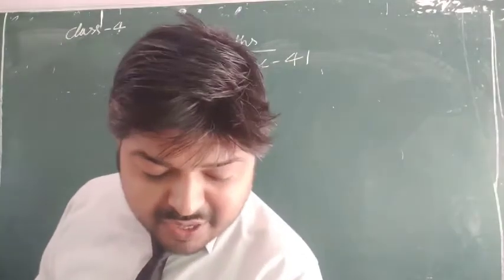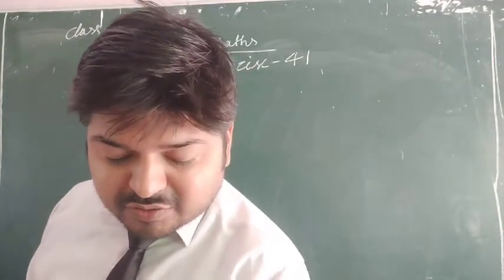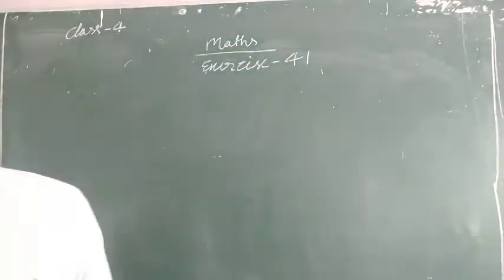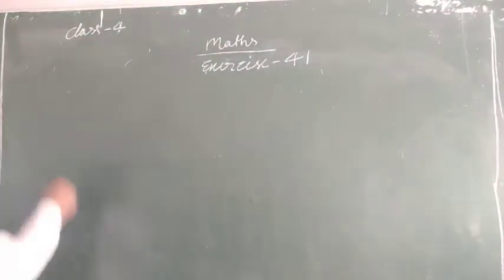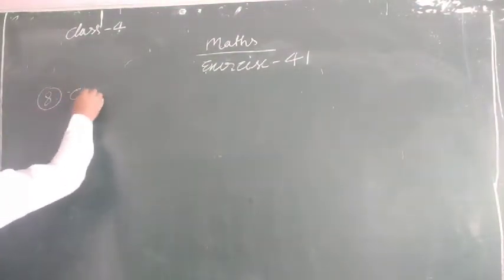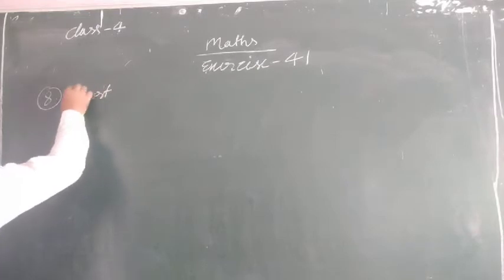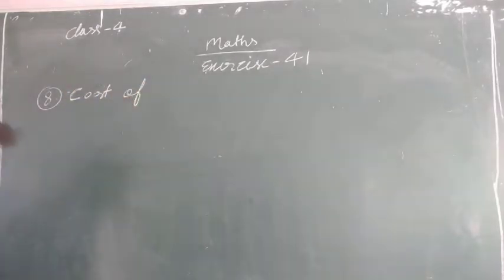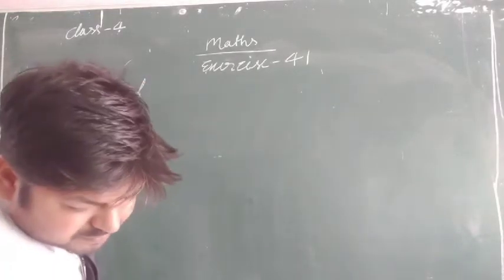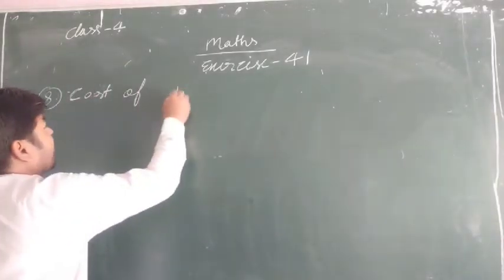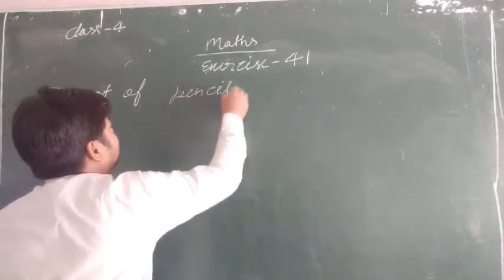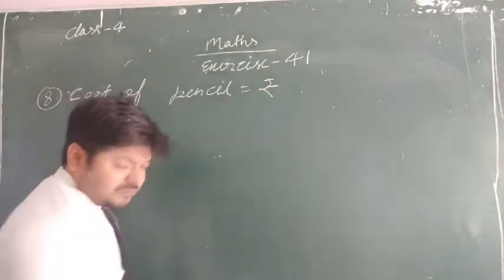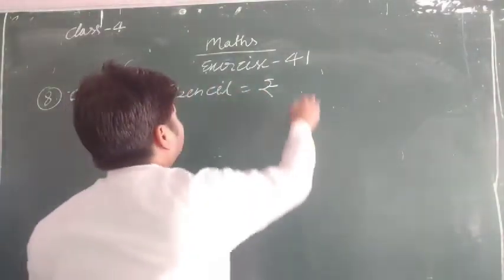What is the total amount she has to pay to the shopkeeper? So firstly you have to write like this: cost of pencil is given there, rupees 6.40.